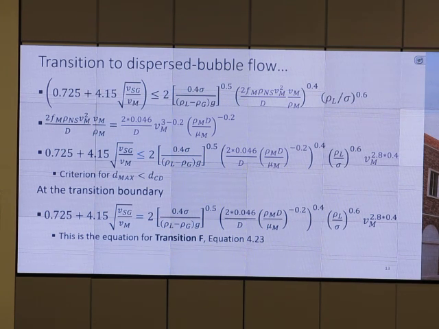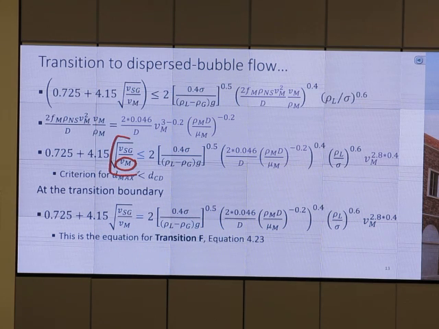So if we take a look at it, to have this bubble flow, you remember, we should increase the liquid flow rate. If we have high enough turbulent force, it will break the bubbles to be smaller than the critical diameter. So if we increase VSL, VSG stays the same, VM goes up.